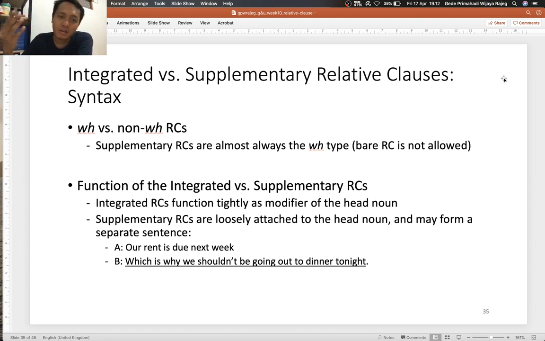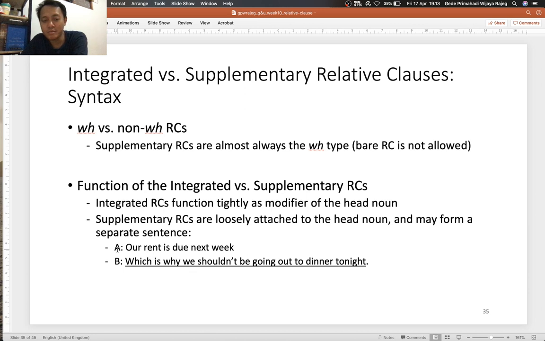Another feature of the syntax difference is that integrated relative clauses function tightly as a modifier of the head noun. Meanwhile, supplementary relative clauses are not that tight in relation to the head noun. They are loosely attached to the head noun, and they may also form a separate sentence, such as in this simple dialogue between A and B. A says, our rent is due next week, and B, using a relative clause as an independent sentence, says, which is why we shouldn't be going out to dinner tonight.